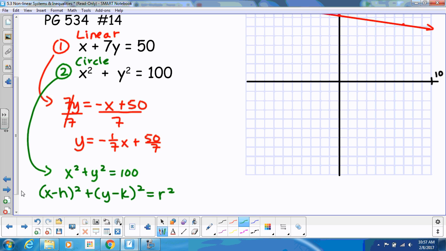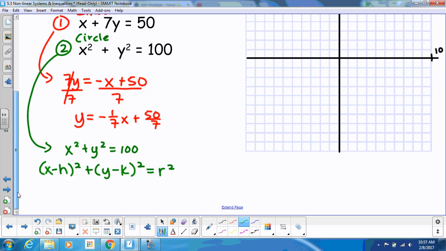Okay, we did that a couple times last semester. So what's my center? 0, 0. There is nothing with the x and y, so my center is 0, 0. What's my radius? 10.